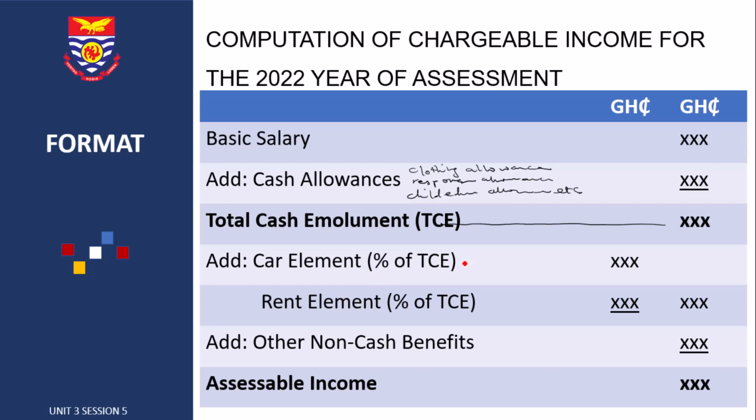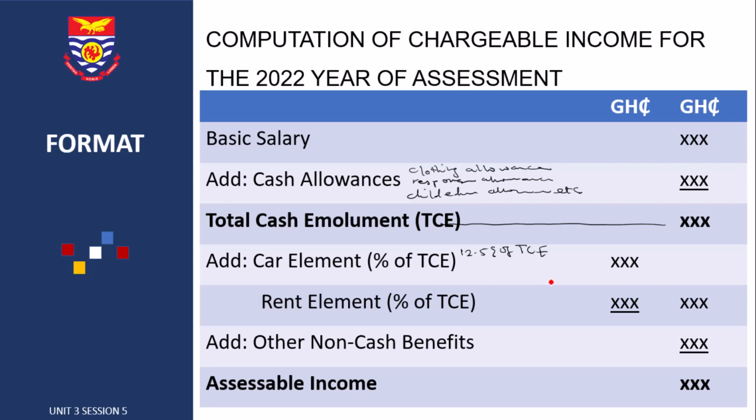Depending on what you are receiving, you apply the respective rate. So we said that when you have vehicle, driver, and fuel, it is 12.5% of total cash emolument, up to a limit of 600 Ghana cedis per month. So in a year, we have a limit of 7,200.